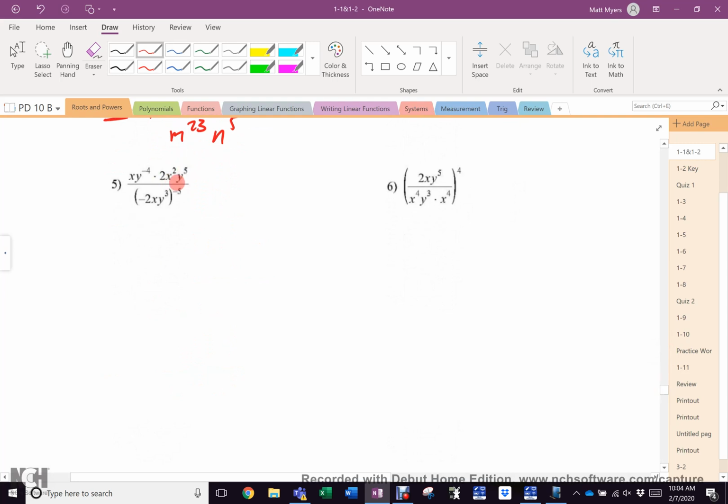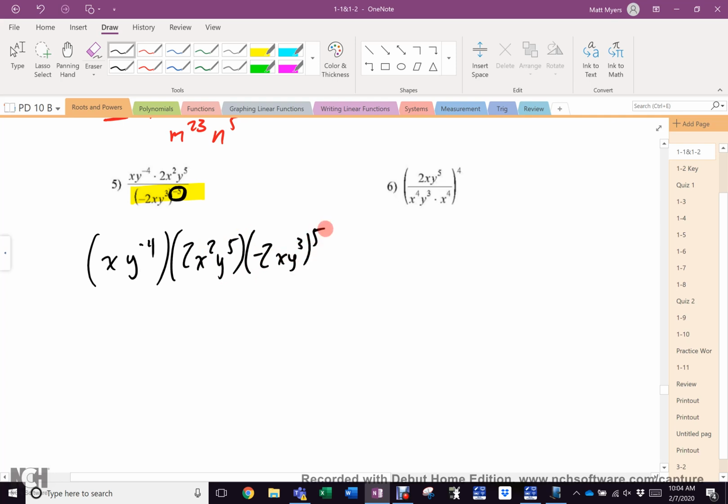5. So, again, I would take care of this first, because since it has a negative exponent, it is just moving up to the top. The whole thing. So I'm going to have x, y to the negative 4, 2x squared y to the 5th, negative 2, x, y cubed to the positive 5.